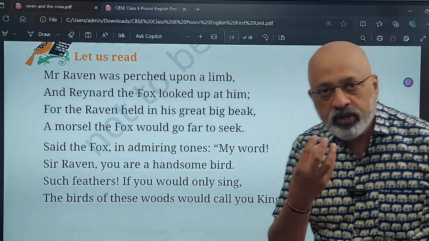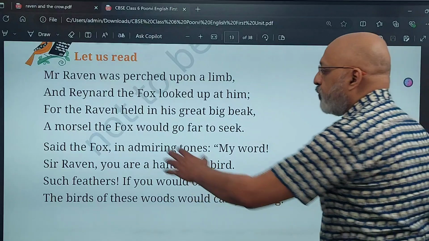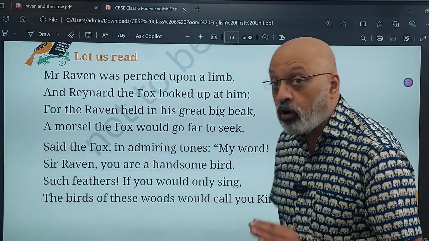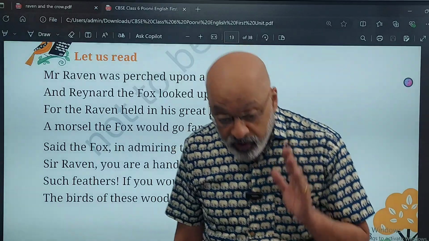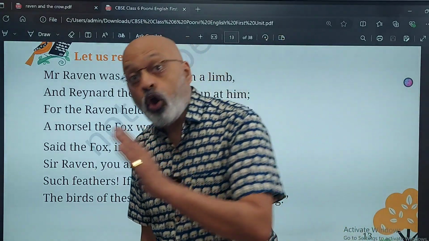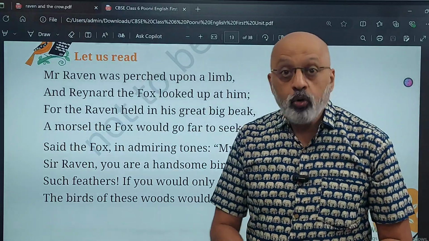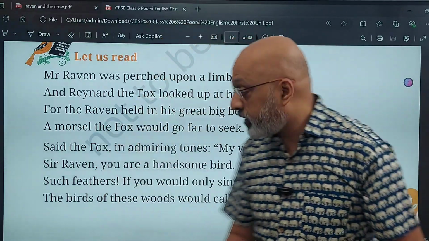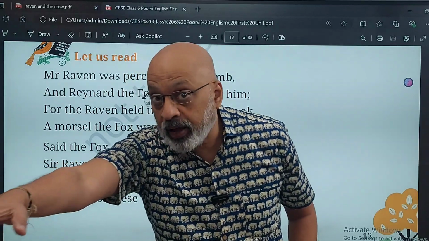A morsel मतलब खाने का छोटा सा whatever piece of food. The fox would go far to seek. The fox would go far to seek का क्या मतलब है? That the fox would be willing to travel a long distance in order to eat that morsel of food. कि उसके लिए वो कुछ भी करने को तैयार है. Far का मतलब it's not just in literal distance type.